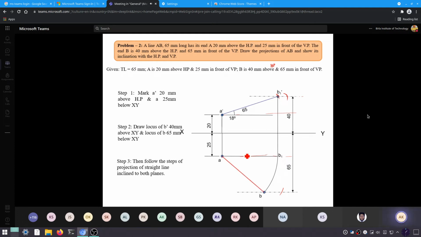So we have not drawn the top view yet. What we have done, we found out the length of the top view, and we open our compass according to A B1 and make an arc over this locus to get the final top view.